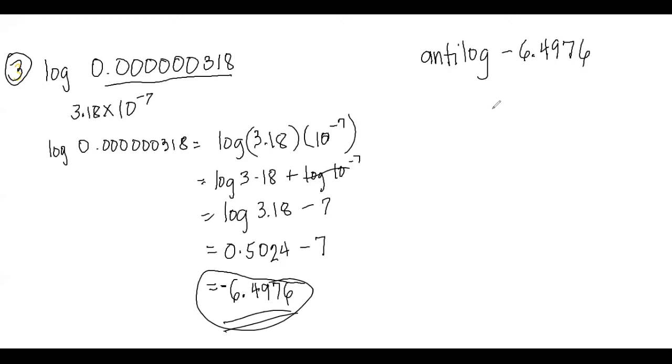Kapag mayroon tayong antilog of negative 6.4976, ibig sabihin po niyan class, we will use this number as the exponent of 10. So 10 raised to negative 6.4976. Ilan ang value nun? Sige daw, 10 raised to negative 6.4976. Ano yung answer?